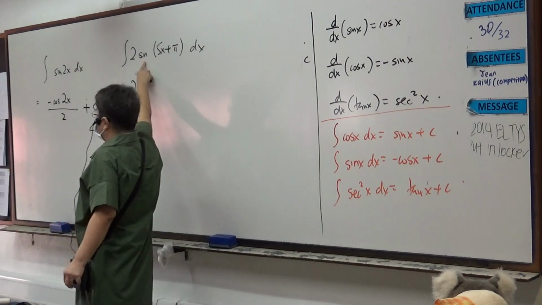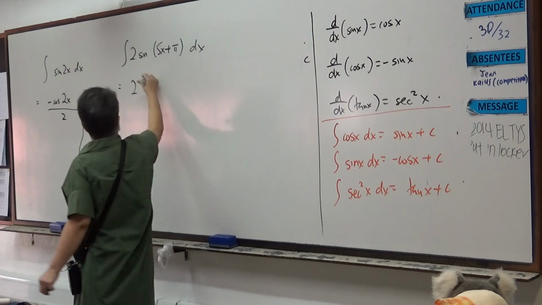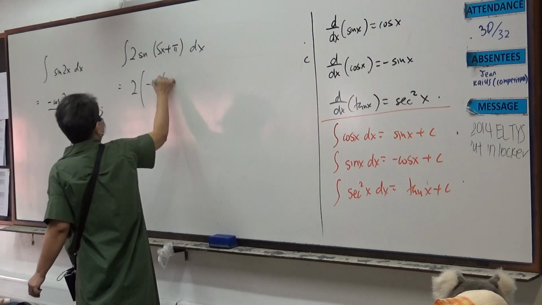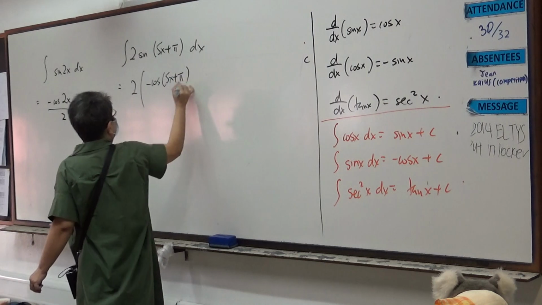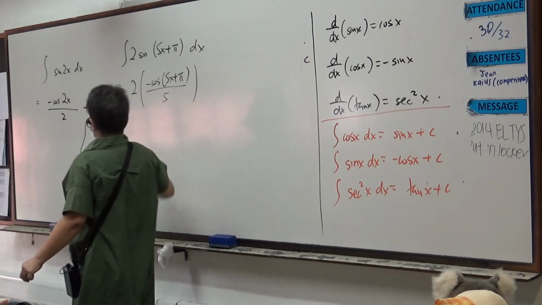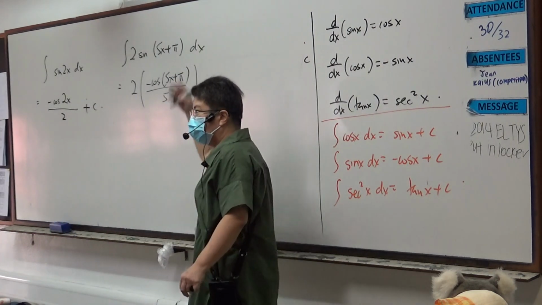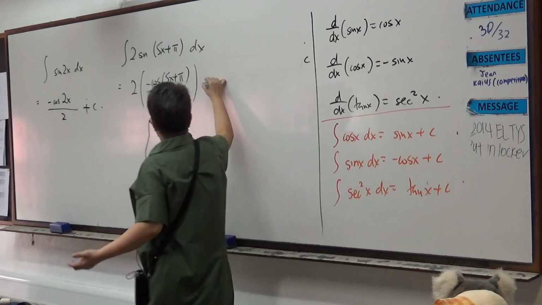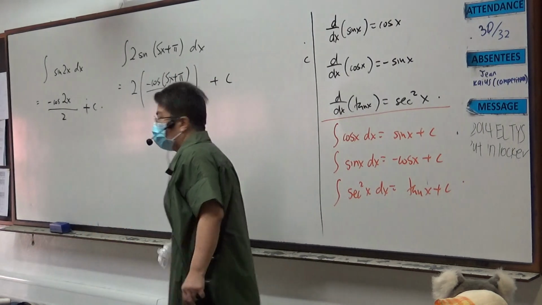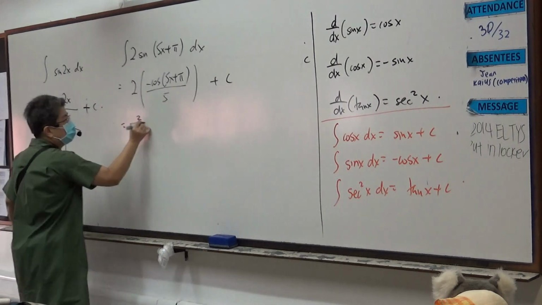I integrate sine, I get negative cosine. So this one will be negative cosine. Then I must divide by 5, correct? Because when you differentiate inside, it becomes 5. Then no more already, so plus c, right? So this will become negative 2/5.